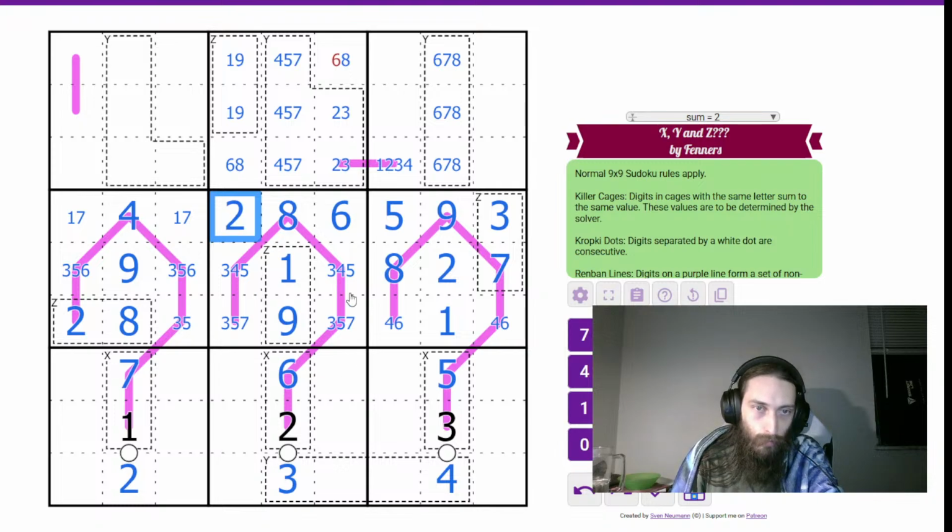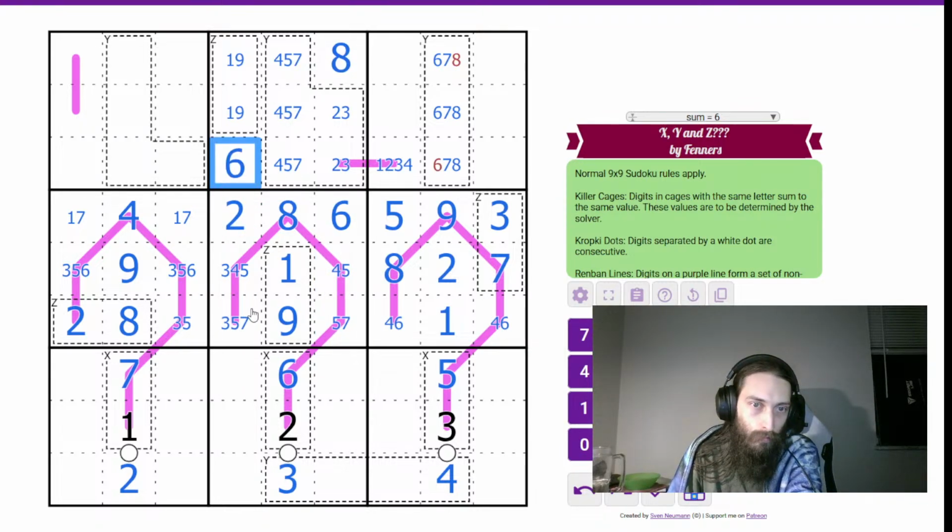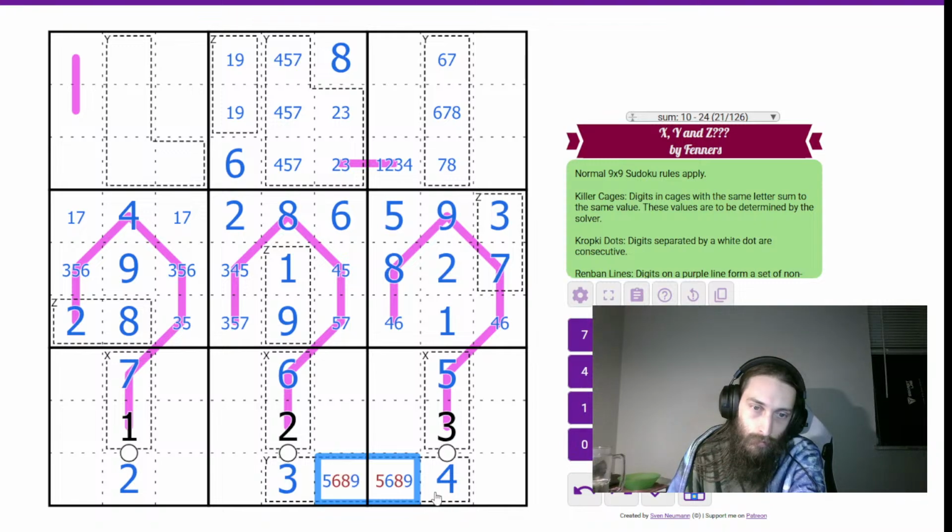That's a 6 2. Takes 3 out of here. 8 6. 8 6 7 8 doesn't affect that. This is 7, so I need 14 more. 6 8 takes out 6 8 9 and 5. 4 and 7. 3 5.